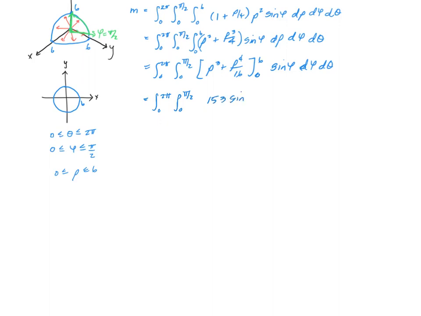And then that's sine phi d phi d theta. That would be negative 153 cosine phi. I could have pulled the negative 153 out, but I noticed that cosine of pi over 2 is 0, so it's going to be a minus negative, and the negatives would go away.